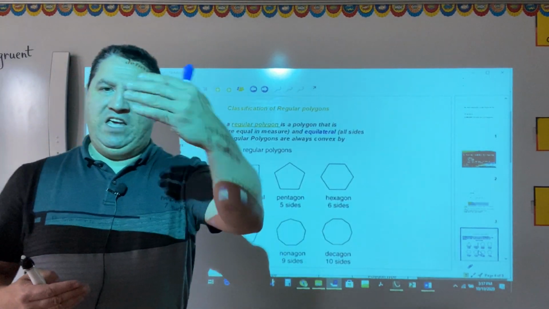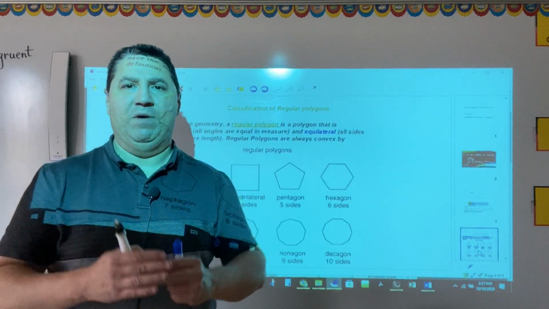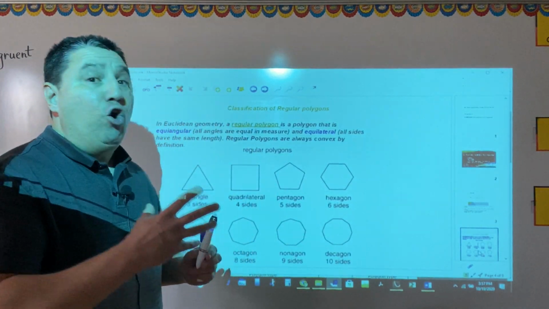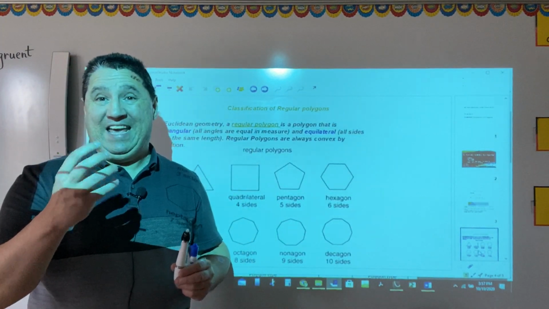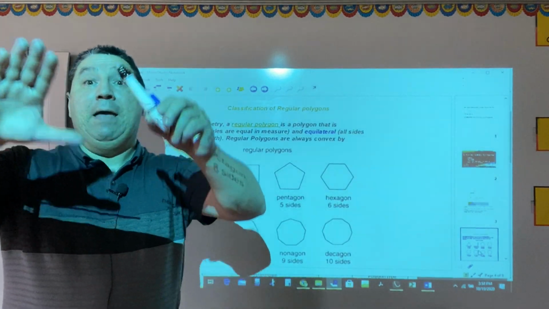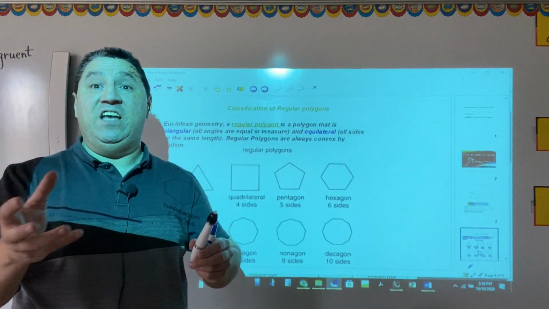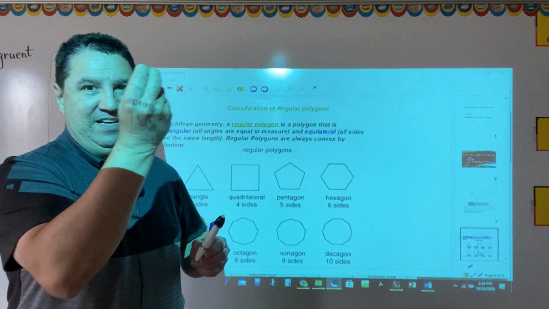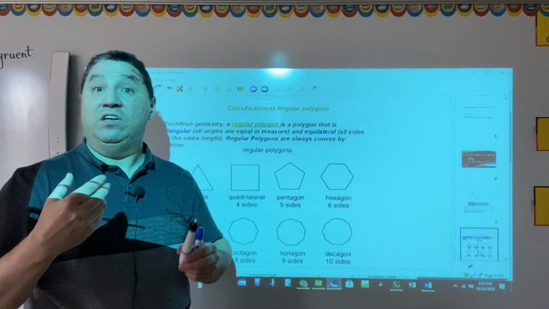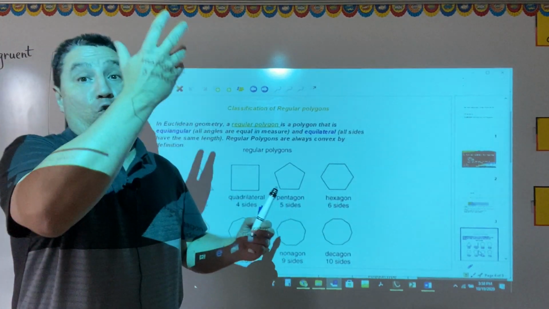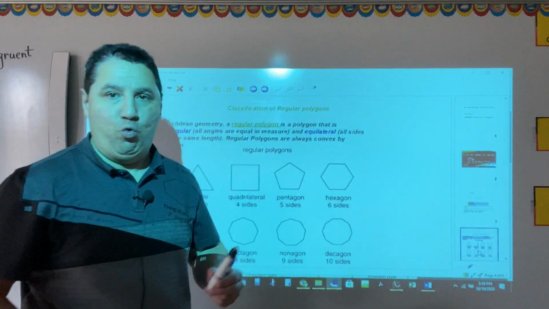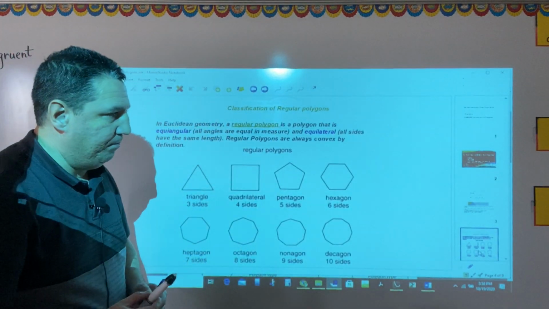And I give you another one for your information. Dodecagon. A dodecagon is a polygon consisting of 12 sides, for a regular one, 12 congruent sides and 12 congruent angles.